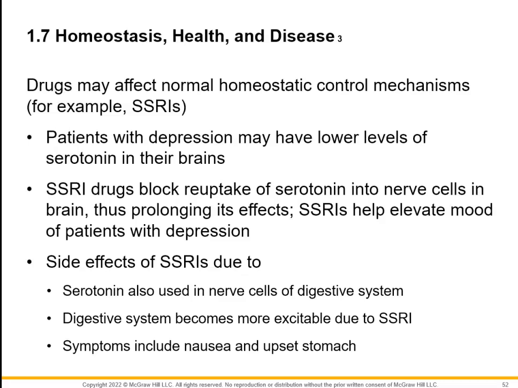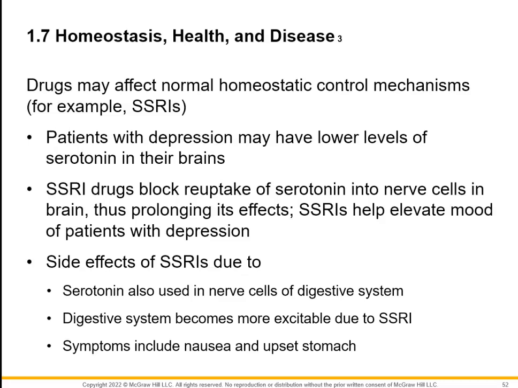Now, normally after serotonin is used, it gets taken back up into the cell that put it out to begin with. So the neuron releases it, it acts on the other cells, and happy. But then when it's done, we take the serotonin back up. It's called reuptake, back up into the cell that secreted it. Well, now it's no longer in that space and it's no longer causing happy.